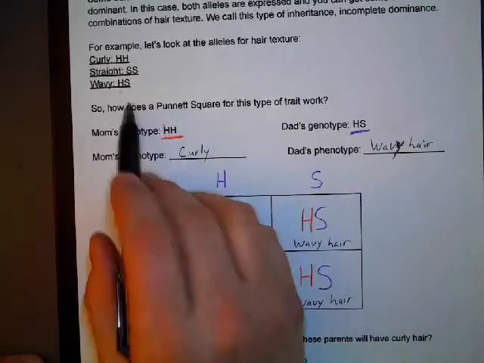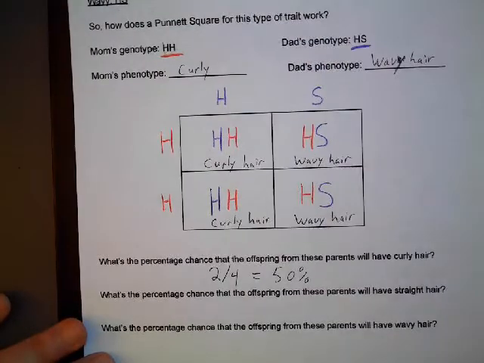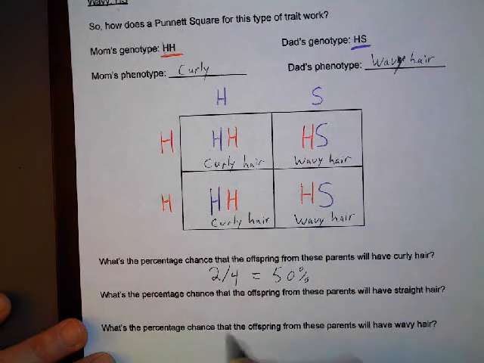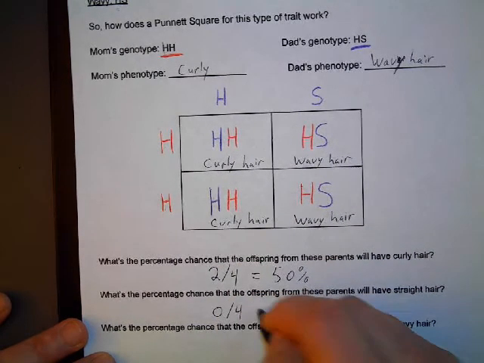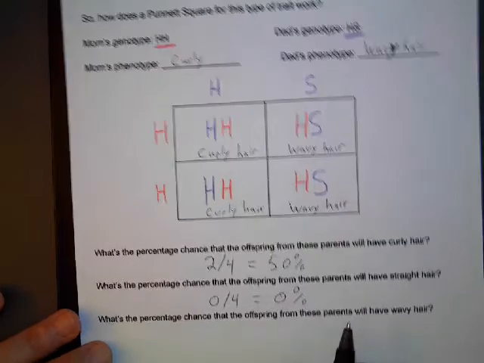Next, let's look at straight hair. Straight hair has a genotype capital S, capital S. So that's what we're looking for inside the Punnett square. I see 0 capital S, capital S inside the Punnett square. So out of the 4 possible combinations, that would be 0 out of 4, or 0%.